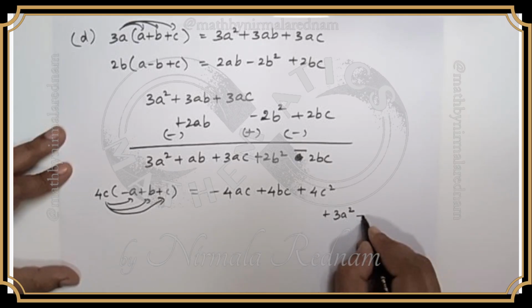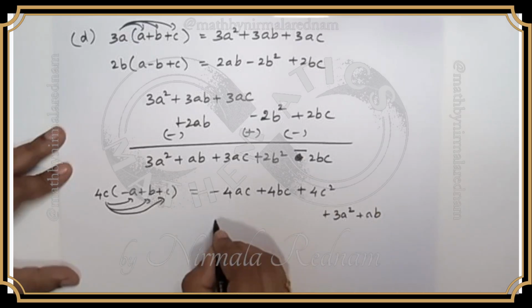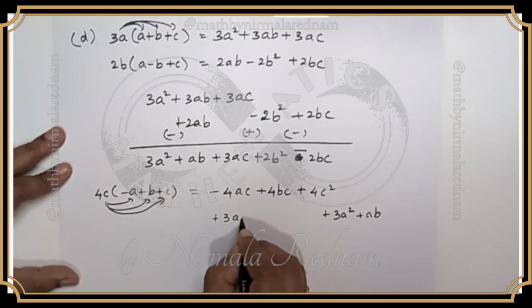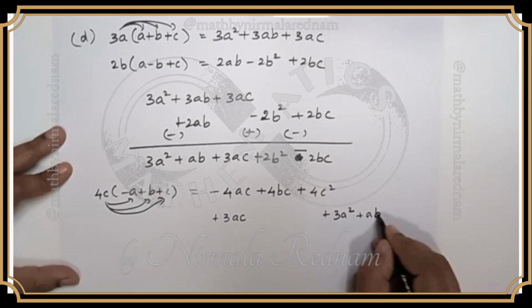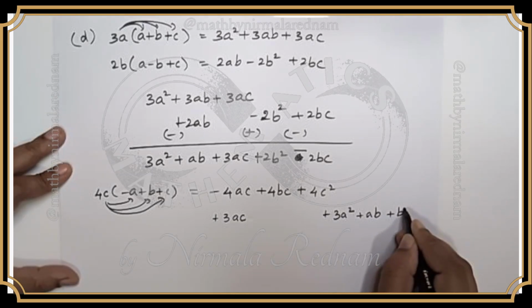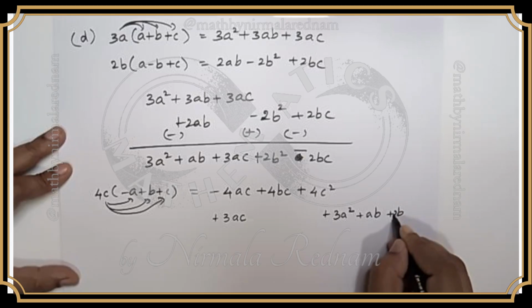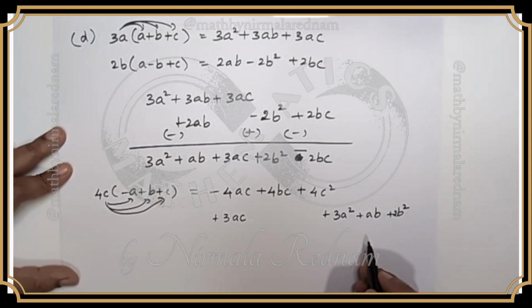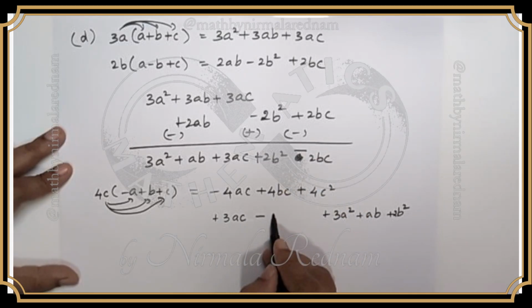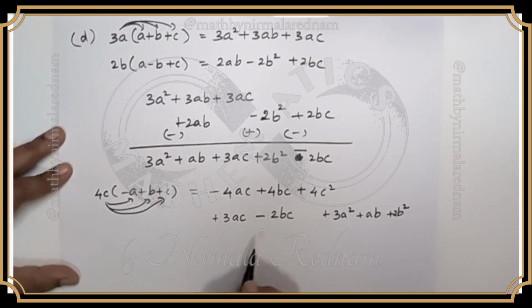AB also in a new column, AC will come over here, B square in a new column, B square is 2b square, right? And BC I'll be writing over here, minus 2BC.